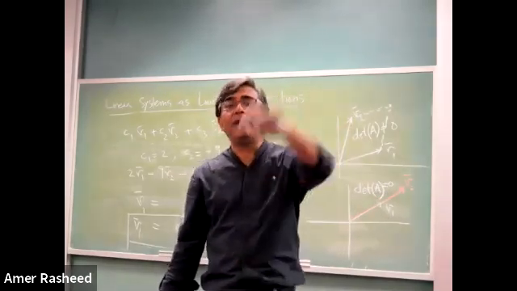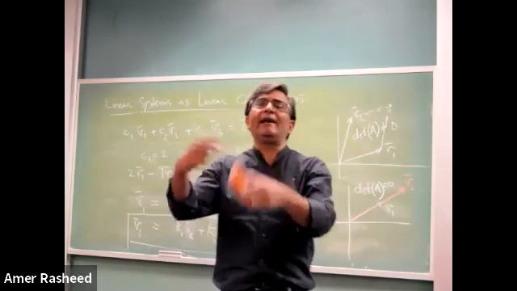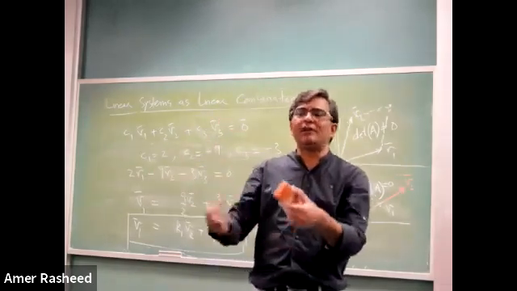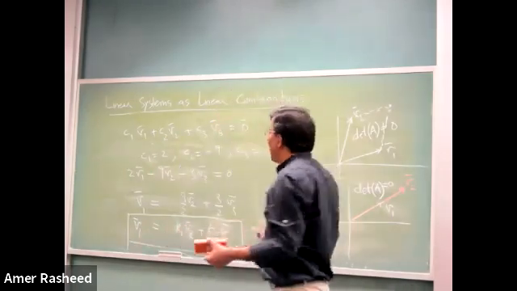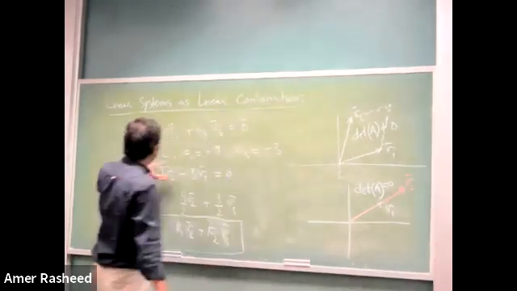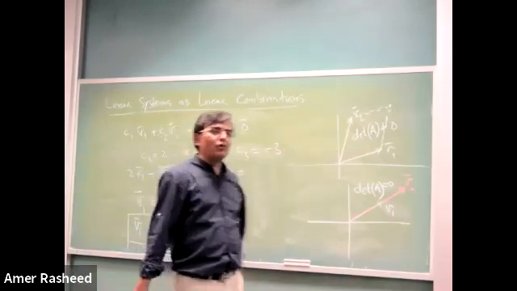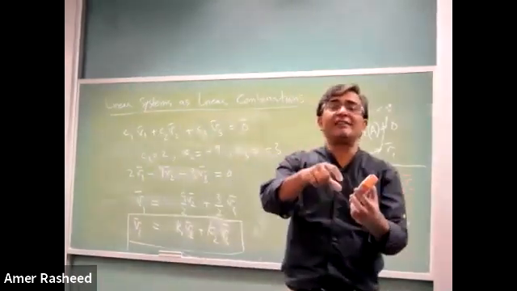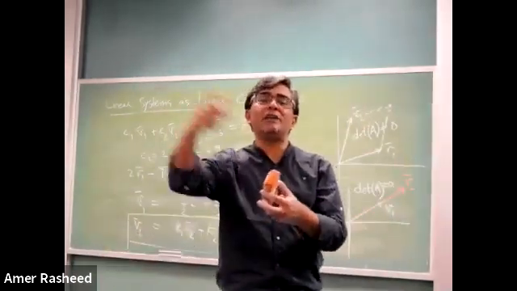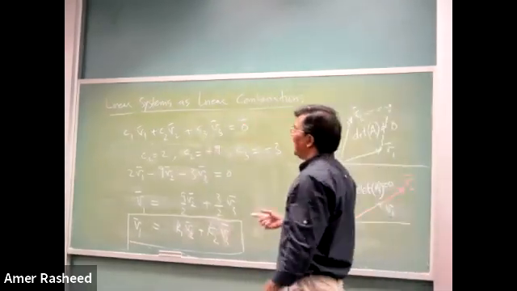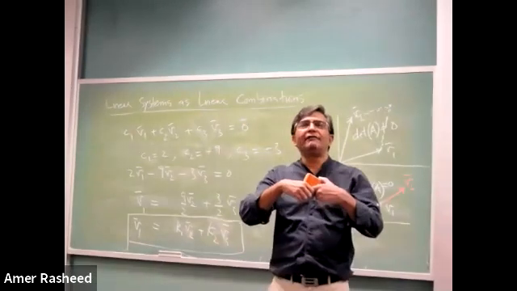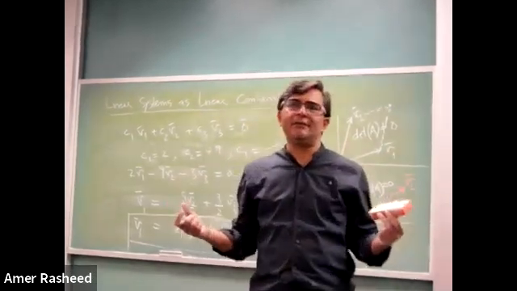One vector can be obtained by multiplying some scalars to other vectors and then adding them. They are not independent. Whereas if all these C1, C2, and C3 are 0, then we cannot obtain one vector as a combination of the other two vectors.